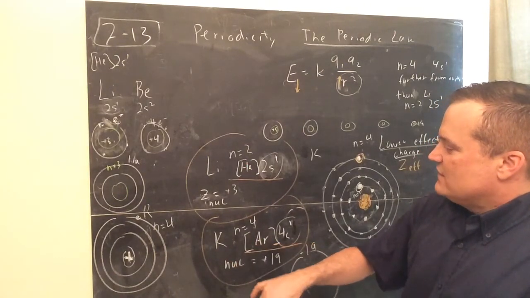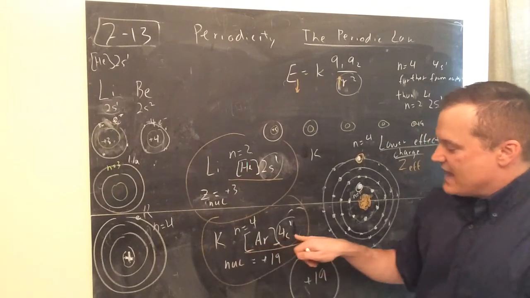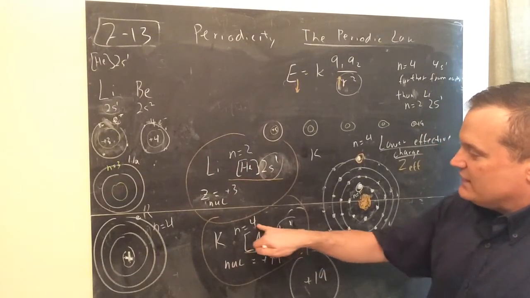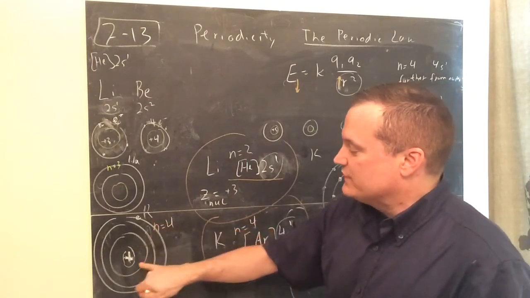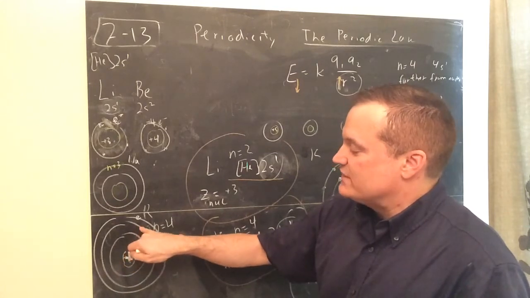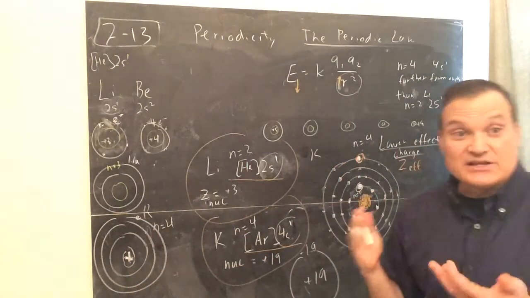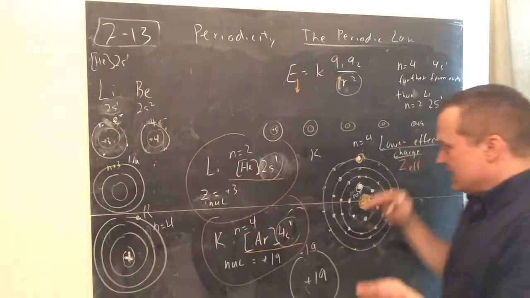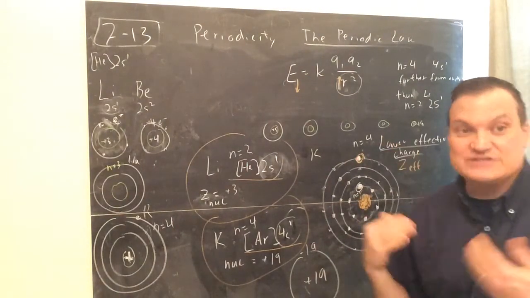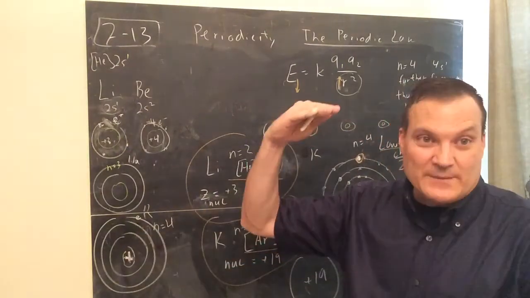I'd say that potassium is a larger atom because its outermost electron at n equals 4 experiences shielding from the n equals 1, n equals 2, and n equals 3 layers of electrons. It experiences shielding, so it has a lower effective nuclear charge. It's held less tightly to the nucleus. It's shielded from the nucleus, and also, it is farther away from the nucleus.